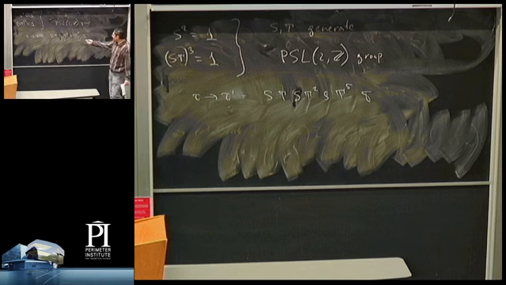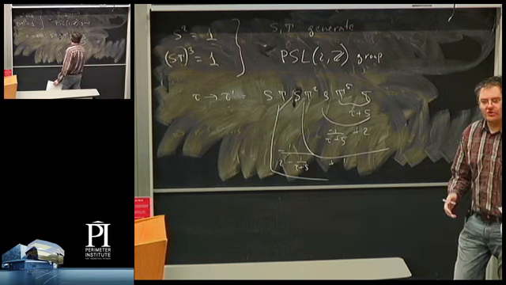So what do I mean by this? First, T to the fifth acts on tau, and I'm getting tau plus 5. Then I act with the S transformation. So what I'm getting is -1 over tau plus 5, right?